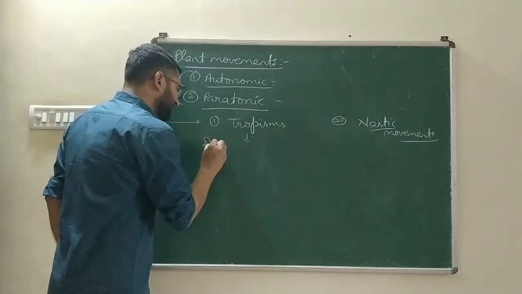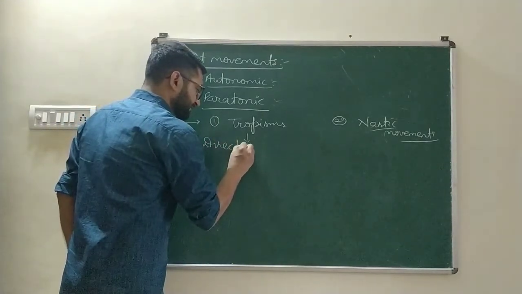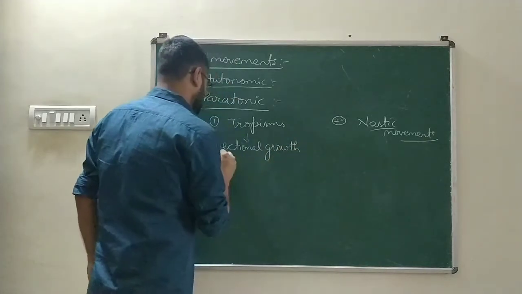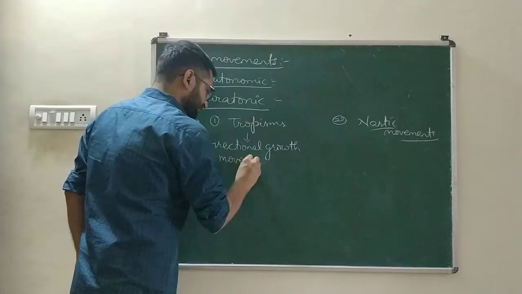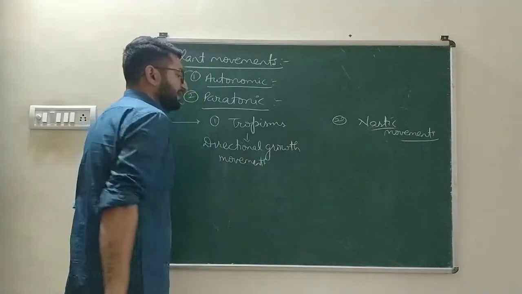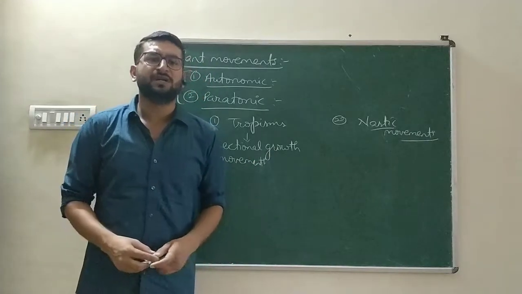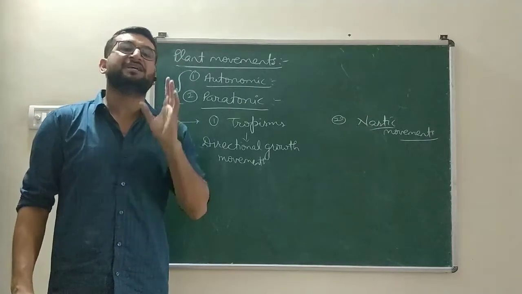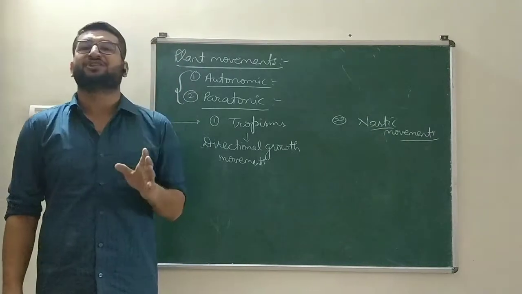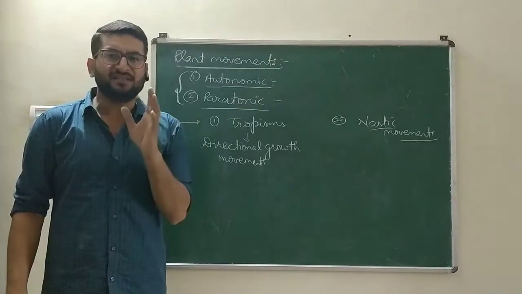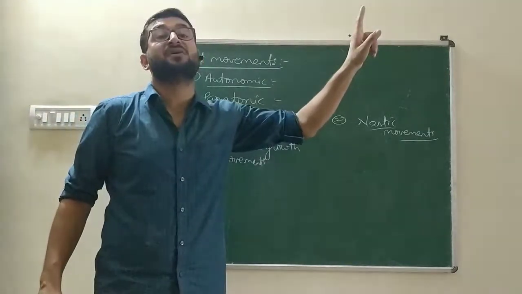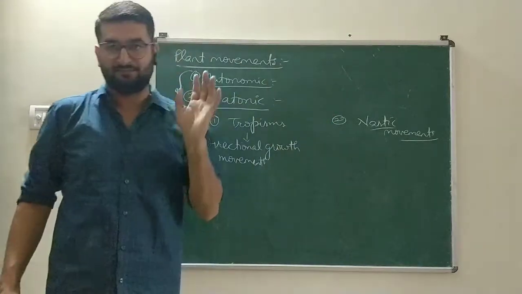Tropisms are the directional growth movements. Why are we using the word directional? Because in these movements, the direction of response is depicted by the direction of stimulus. Either the direction of response of the plant part is towards the stimulus or against it.